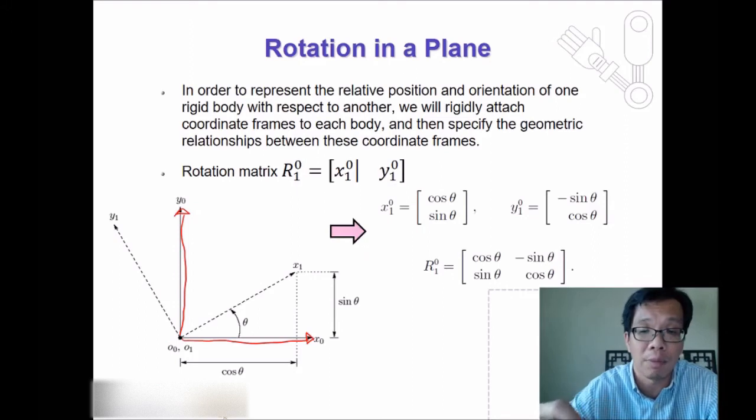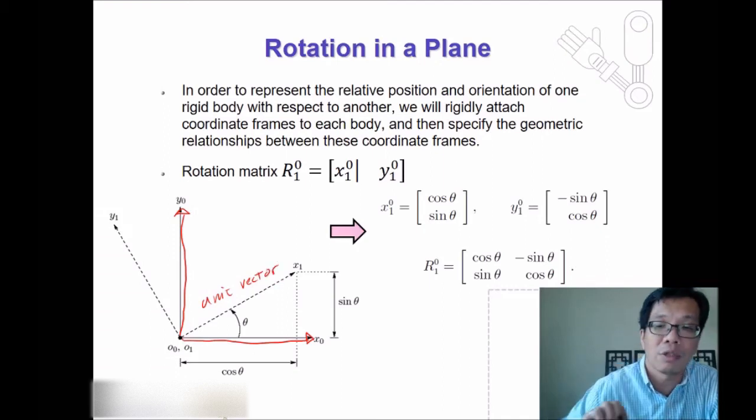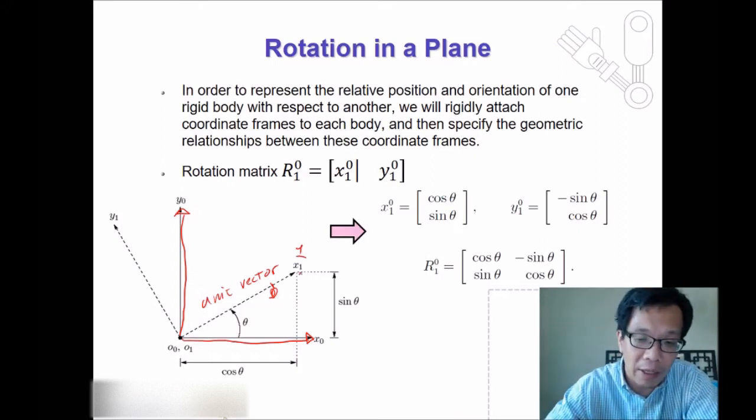If I want to describe the position, if you got a unit vector along x1 direction, let's use this as 1. We are interested in when this vector is projected onto x0 and y0 coordinate, what are they going to look like? Well, this is just some kind of cosine sine thing that you can put into a matrix.